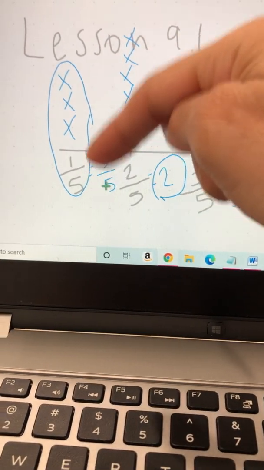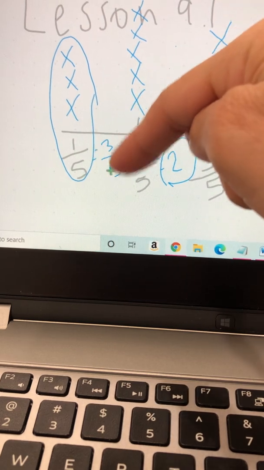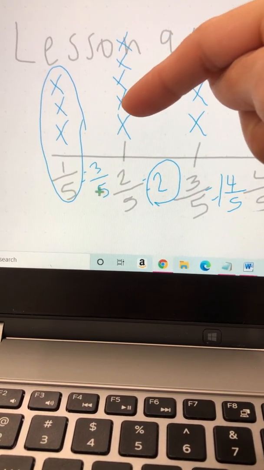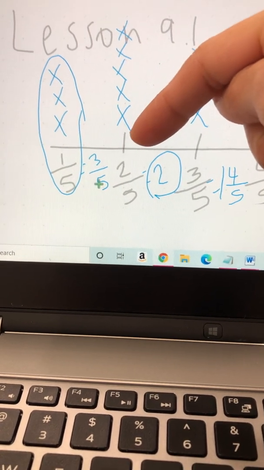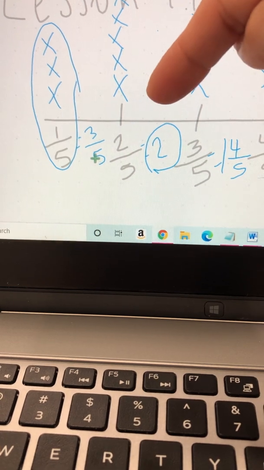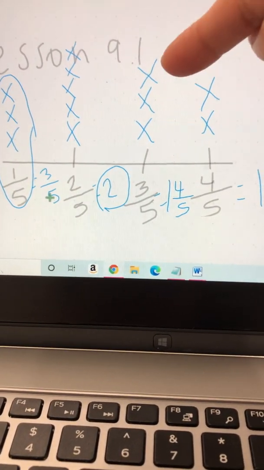So for 1/5, we had 1/5 plus 1/5 plus 1/5, and that was 3/5. This was 2/5 plus 2/5 plus 2/5 plus 2/5 plus 2/5, which gave us 10/5, and then 10/5 was converted to 2.